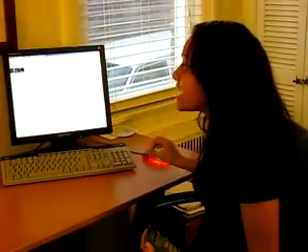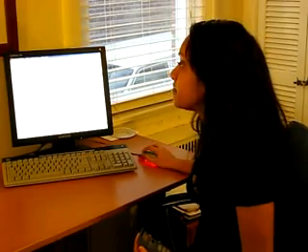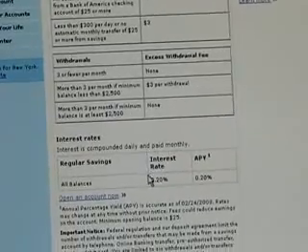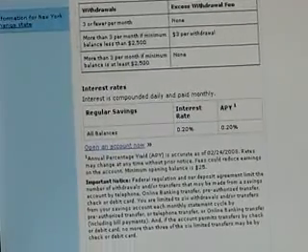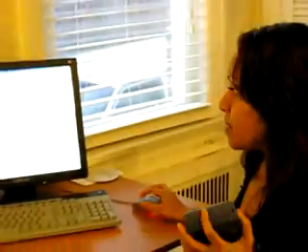And the last example that we're going to look at is Bank of America. Here I am on Bank of America's site, and for their regular savings account, it tells me I'm going to get 0.2%. By this time I know you guys got it: $50,000 times 0.20% is $100.